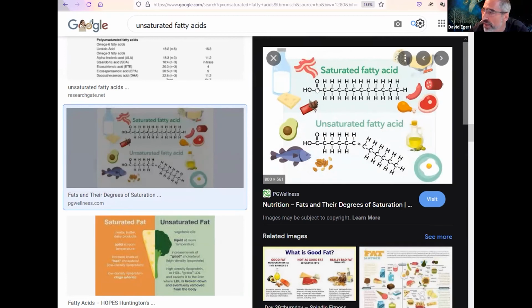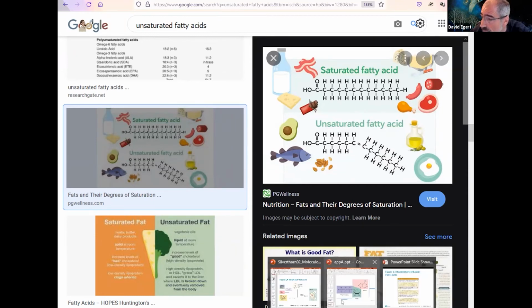A saturated fat is fully saturated with hydrogens, which we tend to find more in animal fats. That's why they've got the bacon here. As opposed to unsaturated fats, those points of unsaturation cause bends in the hydrocarbon chain. So, just being clear, unsaturated fats have the kinks. Unsaturated fats tend to be the oils, liquid at room temperature.